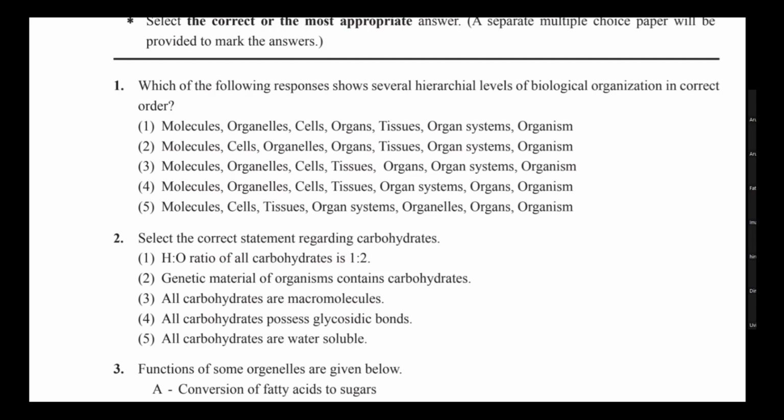Now look at the first statement. H/O ratio of all carbohydrate is 1:2. But in the definition, they have given hydrates of carbon contain the same proportion of H/O, which equals 2:1 as in water.